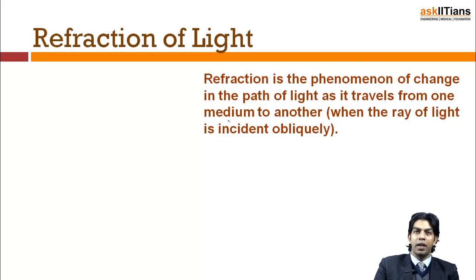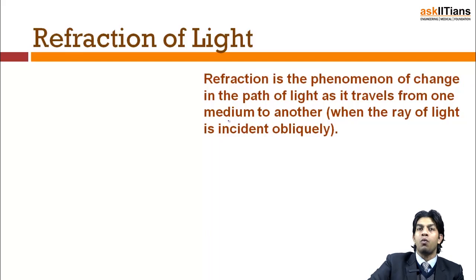Why is that happening? The reason is that the speed of the light gets changed. Right now the speed of the light in this particular medium is 3 into 10 to the power 8 meter per second. Now if the same light enters water, it will travel with a different speed. If it enters glass, it will travel with another different speed. So it changes.